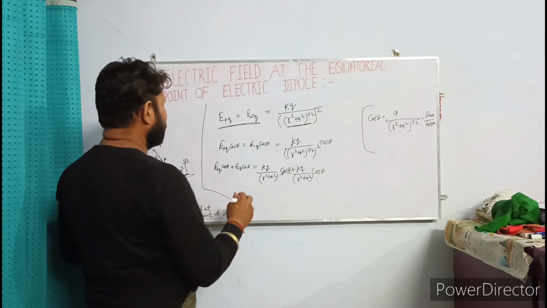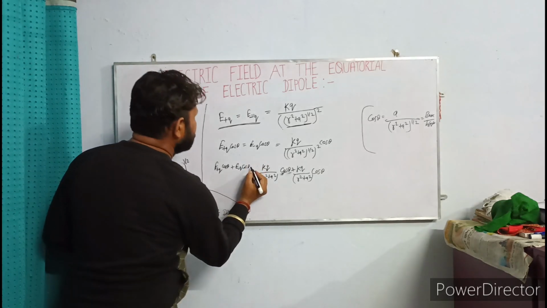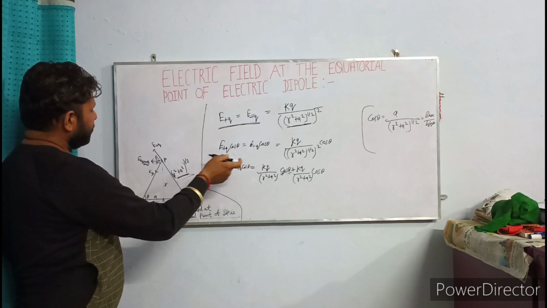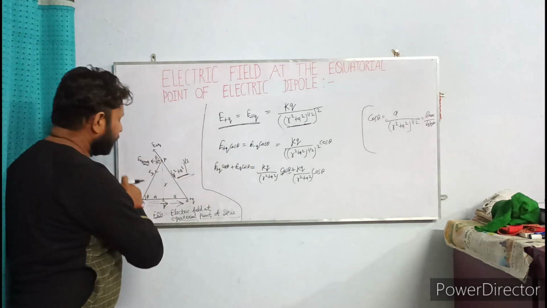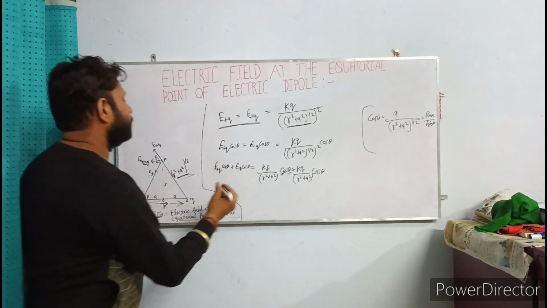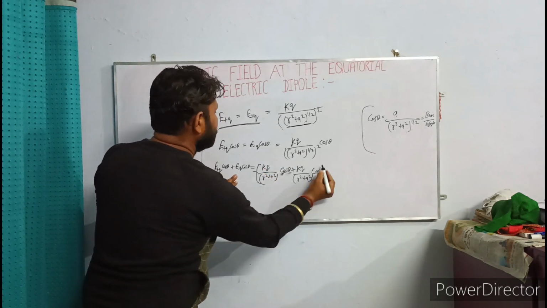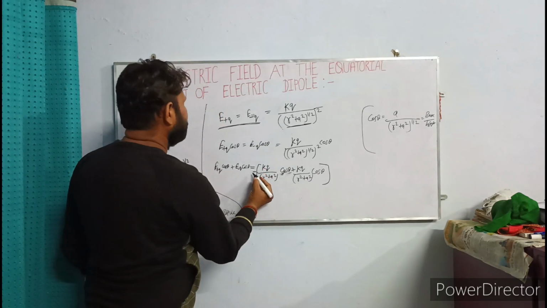And what is the direction? Here we can see that only the base components add up, and the direction is opposite to the direction of the dipole moment. So we have taken a minus sign here.